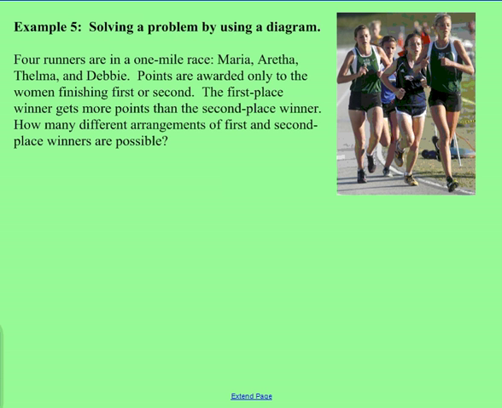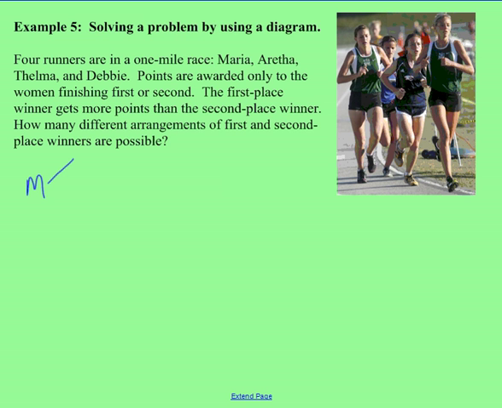After reading and understanding the problem, it seems like a good plan would be to start with one individual winner. For example, let's say that Maria wins. So if Maria is our winner, there are a few different ways that Maria can be our winner.